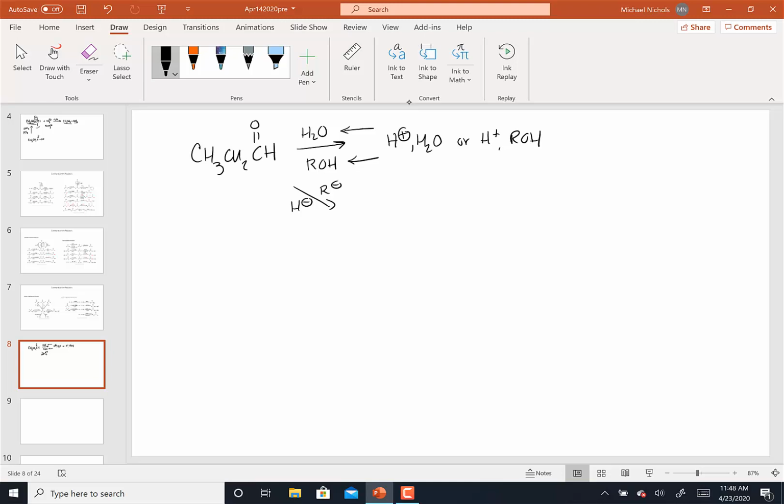Now, one of the things that I didn't say at the time, but that you might have thought is, well, wait, what if I took my aldehyde and reacted it with something like CH3O-? I mean, I can make alkoxides.